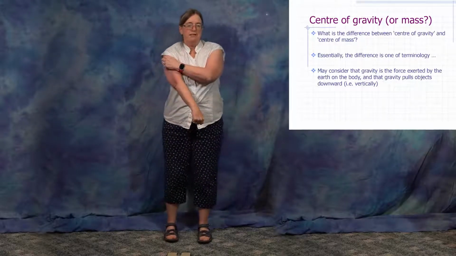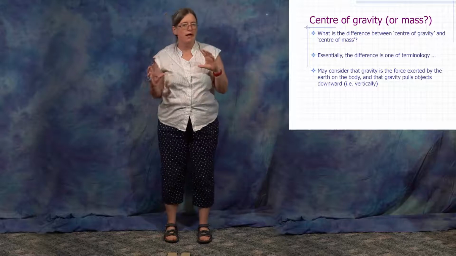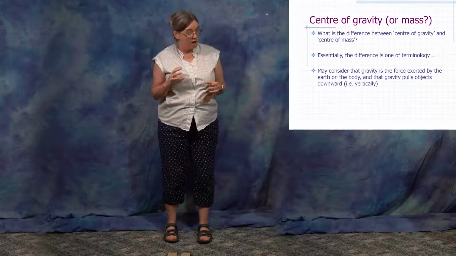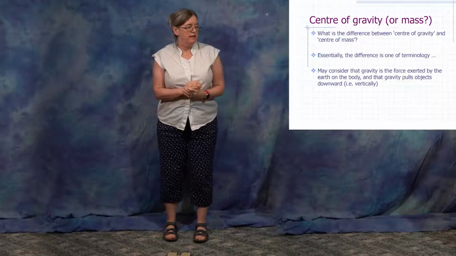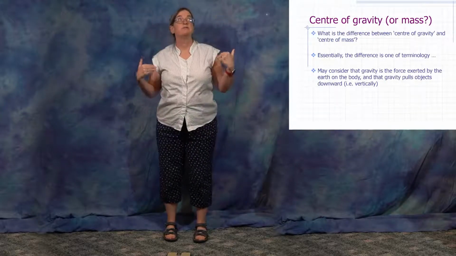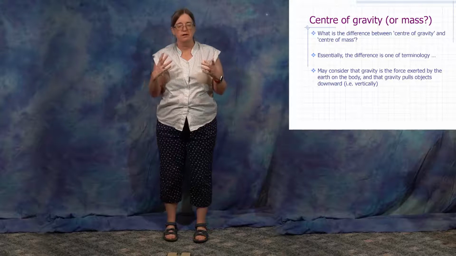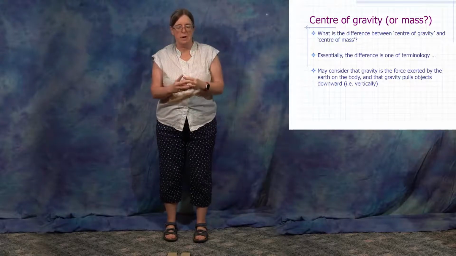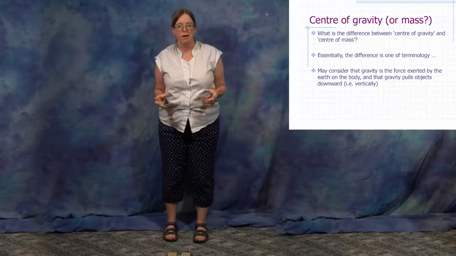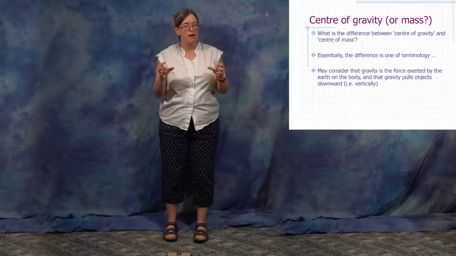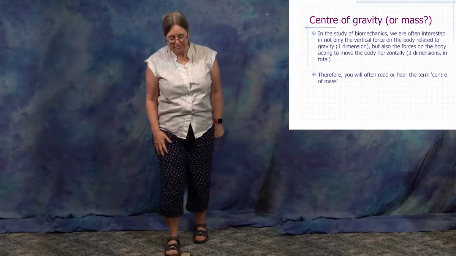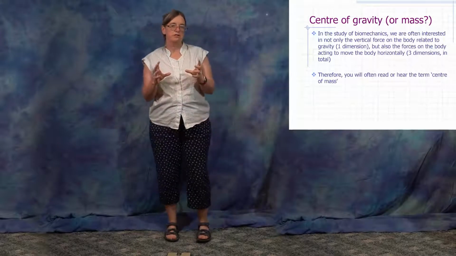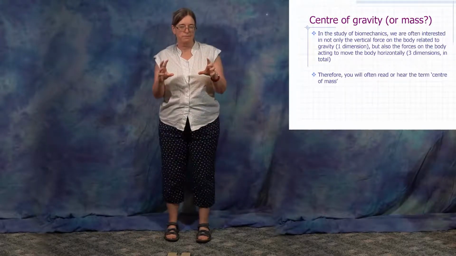Center of gravity and center of mass have the same connotation. The gravity is this force. So really, when we're talking center of gravity, we're talking about weight and the balance of weight. Well, the balance of weight and the balance of mass are very similar, but really only has to do with one dimension.